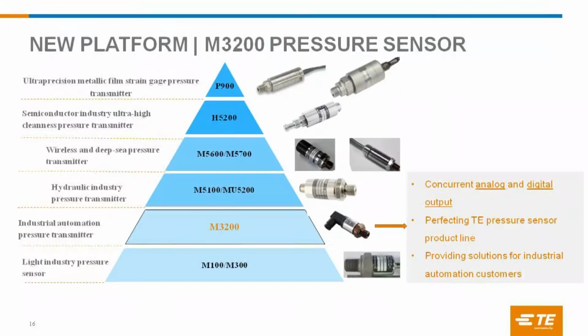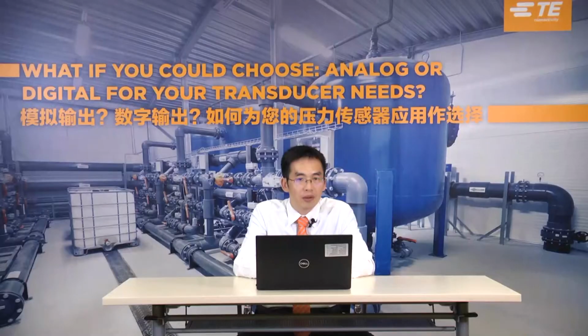But in the middle, we need one thing to bridge the two levels of different sensors. M3200 is the one to bridge our pure analog to the high-end pressure sensor. So it provides a perfect solution for industrial automation customers.